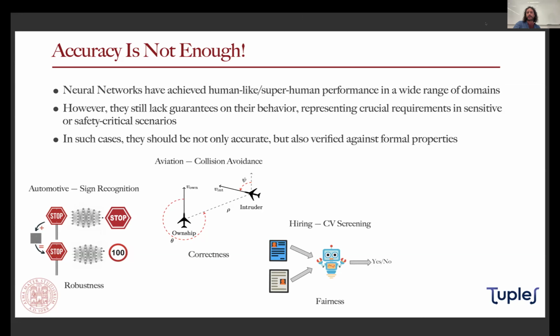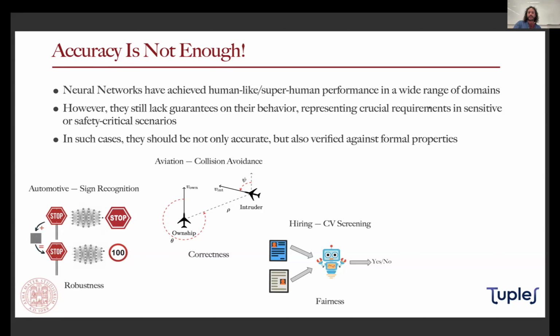So you would like to prevent your system from discriminating, let's say, a woman in favor of a man, or a black candidate in favor of a white candidate, and so on. So these are 3 cases in which accuracy is essentially not enough, okay? Beyond accuracy, you need to guarantee the satisfaction of some requirement, okay?